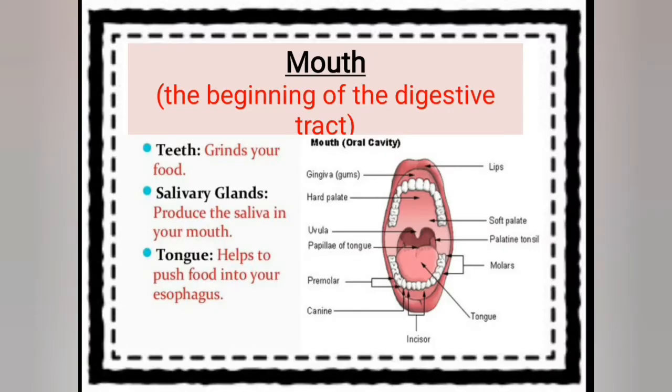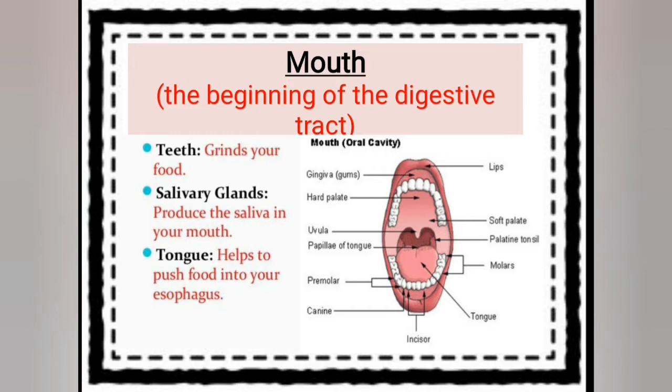Moving on, first we will be studying the mouth. You can see that the mouth consists of the following things. The mouth is the beginning of the digestive tract. It is the first part where digestion starts.